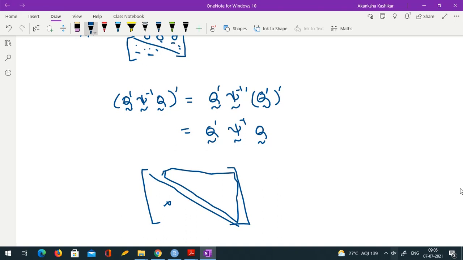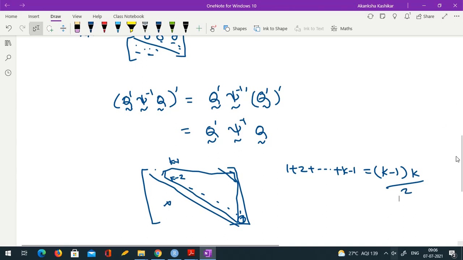How many entries here? k minus 1 entries in the first row, k minus 2 entries in the second row, and so on, up to 1 entry in the second last row and 0 in the last row. So 1 plus 2 plus up to k minus 1. These are the entries which I am forcing to be 0. So the total number of constraints that I am putting would be k minus 1 into k by 2.